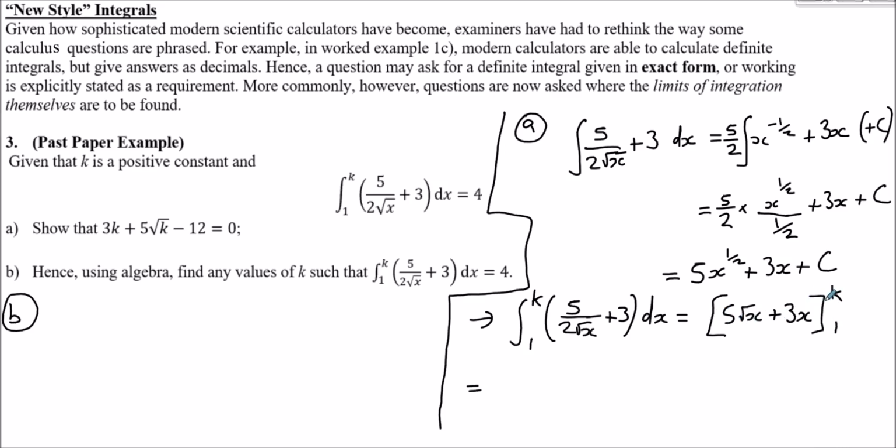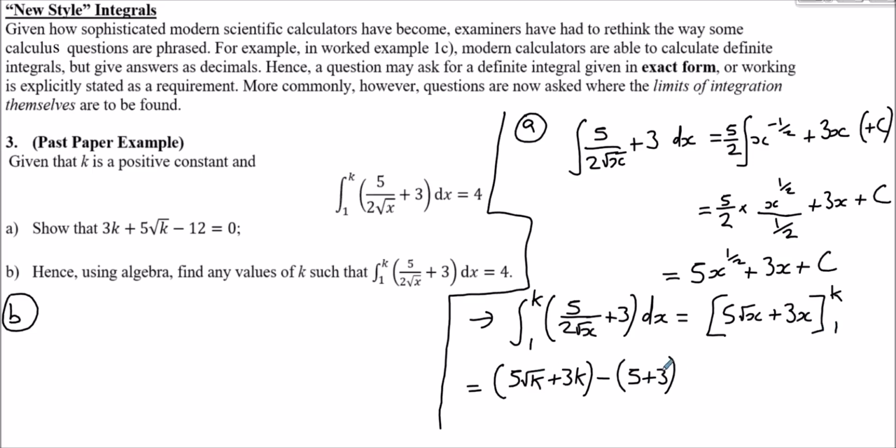The upper limit, k, is going to give us 5 root k plus 3x, which will be 3k. Then minus the lower limit. When x is 1, 5 times root x becomes 5 times the square root of 1, which is just 5. And then when x is 1, 3 times 1 is just 3.